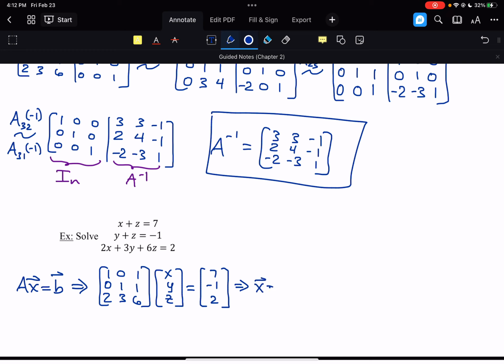So we know that X is equal to A inverse times B. So x, y, z is equal to [3, 3, -1; 2, 4, -1; -2, -3, 1] times [7, -1, 2].